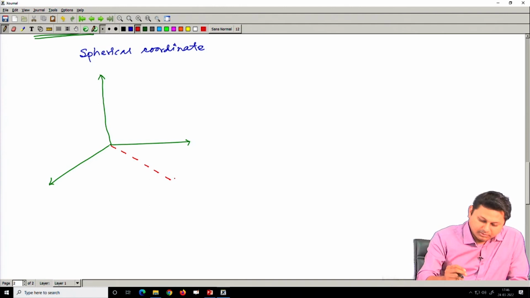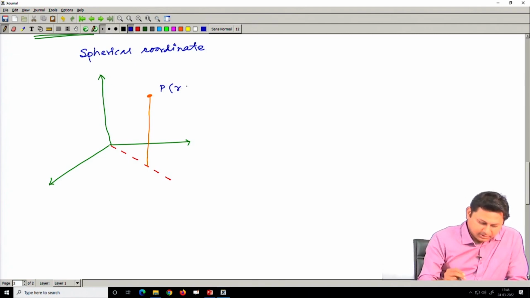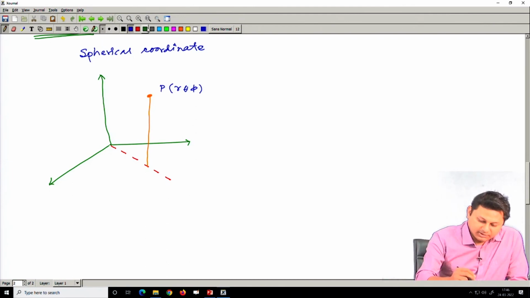A point here, this is the point. This coordinate is r, theta and phi in spherical coordinates, but this point can also be written in terms of Cartesian coordinates, x, y, z.